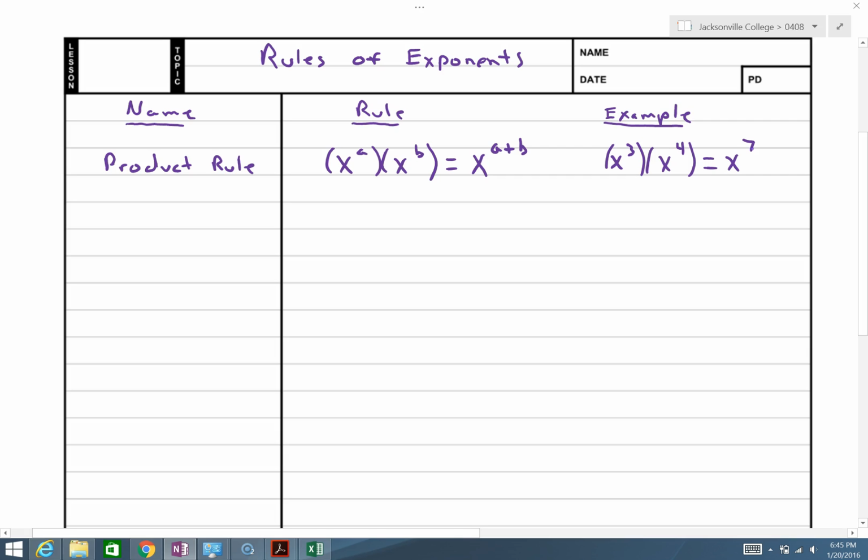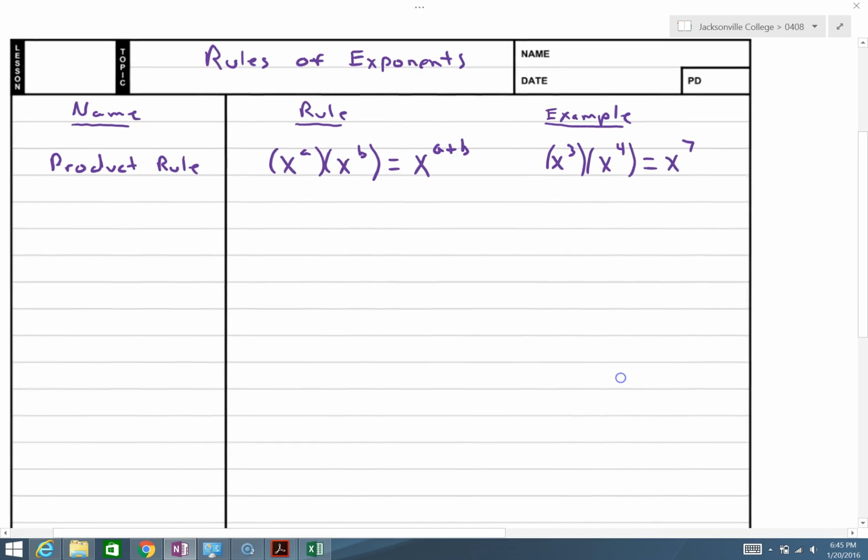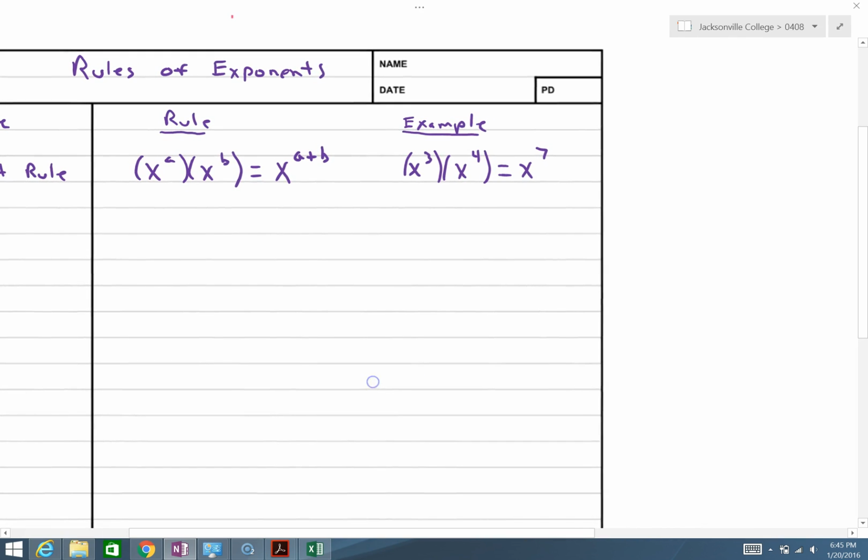Alright, now over here in the margin, I'm going to see if I can explain why this is the case. This part in the margin is not for your notes. Just think about what I'm saying over here. When we have x to the third times x to the fourth, what are we saying? Well, when we say anything to a power, we're saying that thing times itself that many times. So x to the third is really 3 x's multiplied together. Literally 3 x's multiplied together.